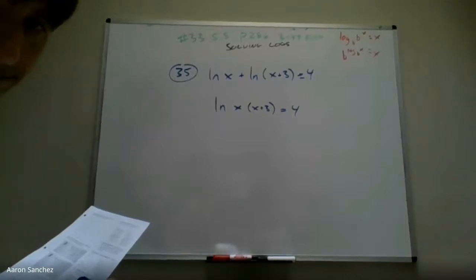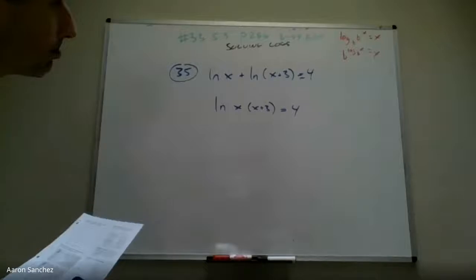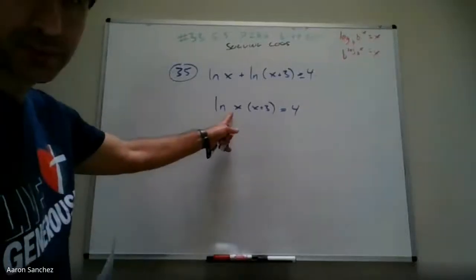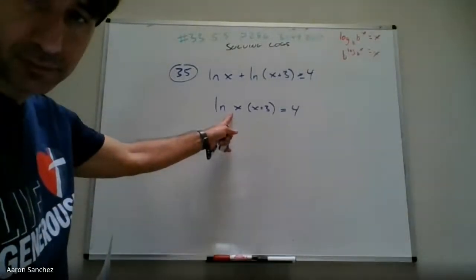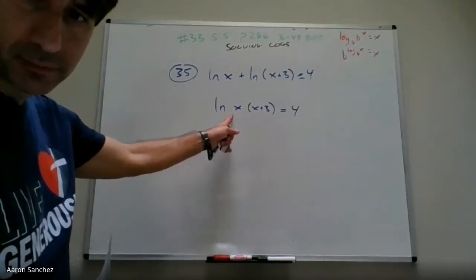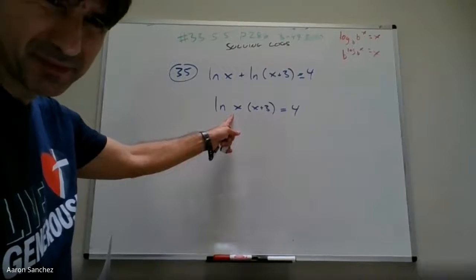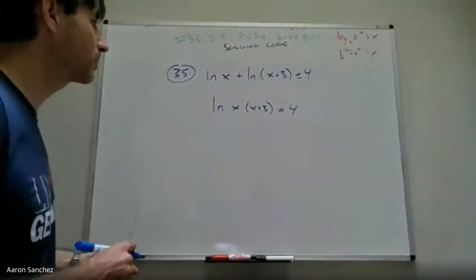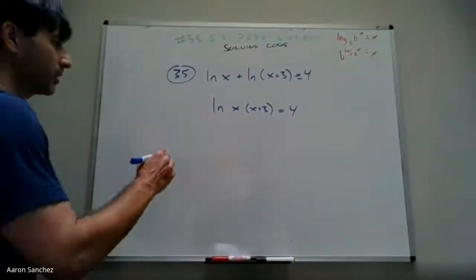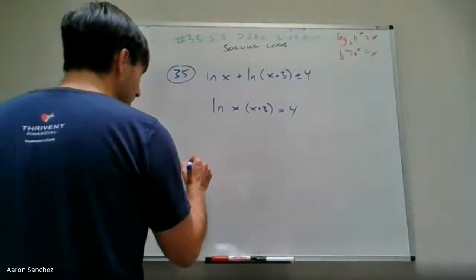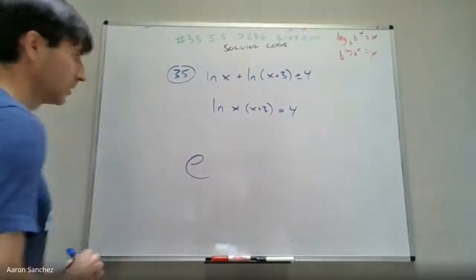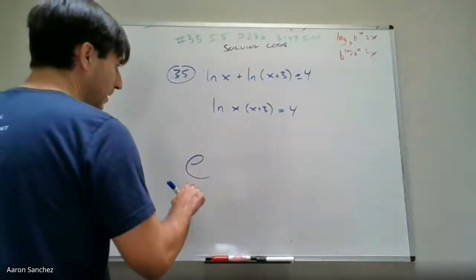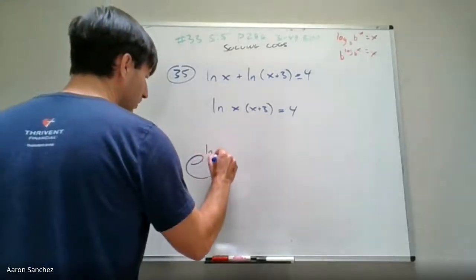Now, what's my base here again? Gracie, what's my base? Is it e? Yeah, e. So I could do the inverse again, and I'll put a big e. That's my base with a natural log base e.